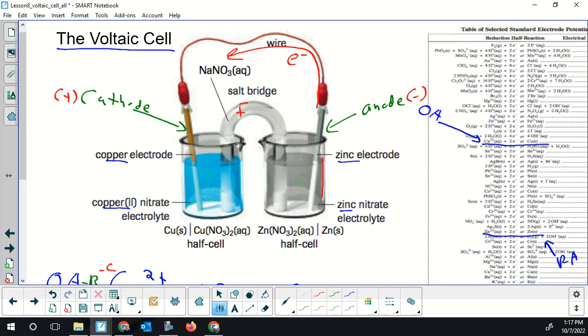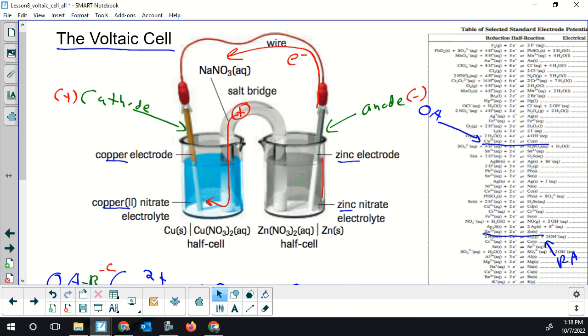From anywhere in solution, and particularly the salt bridge, cations will move towards the cathode to balance out that electrical charge that's going that way. If 1 mole of negative charge goes to the cathode, 1 mole of positive charge of ions will move. Now, anything that's positive in either beaker is going to head towards the cathode, not just from the salt bridge.